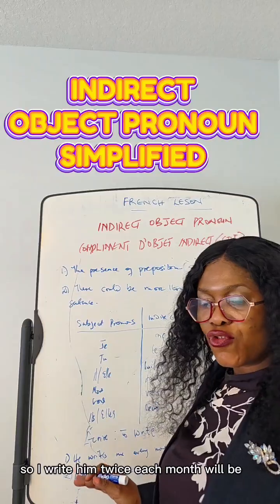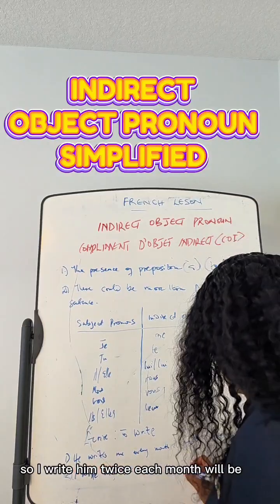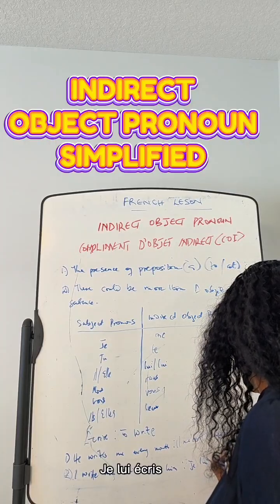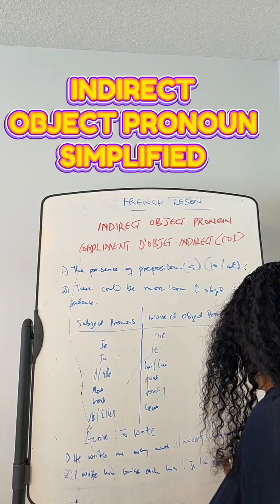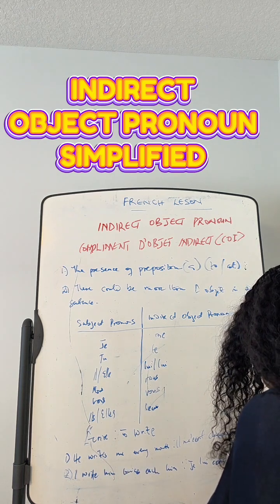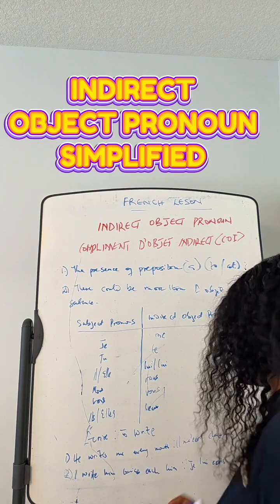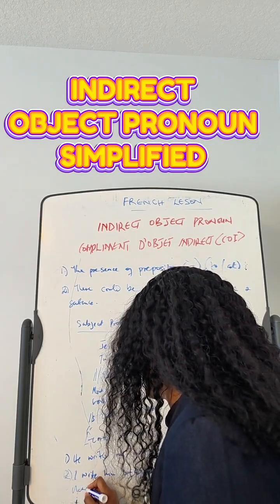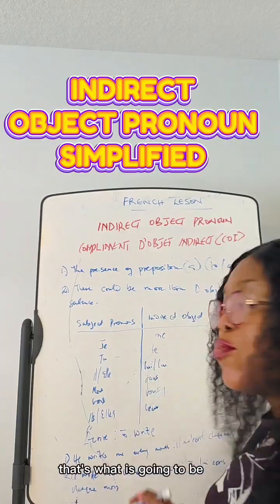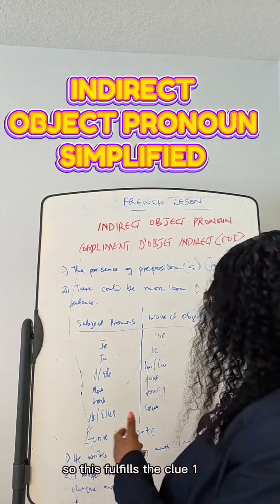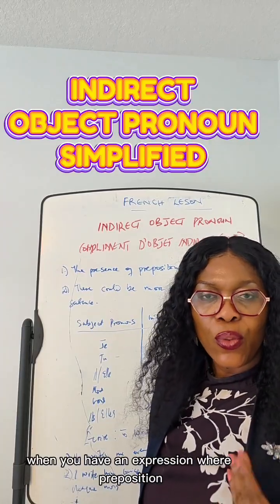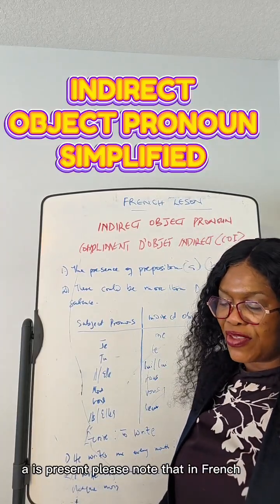I write him twice each month will be je lui écris deux fois chaque mois. That's what it's going to be. So this fulfills clue one, when you have an expression where the preposition à is present.